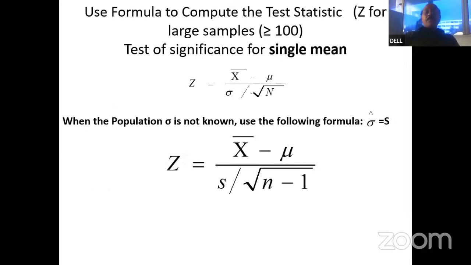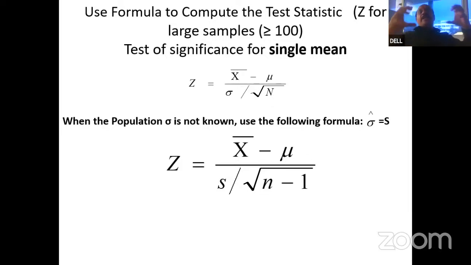See, in large samples, for test of significance for single mean, we have to use this test statistic: Z is equal to x bar minus mu by sigma by root n. X bar is the sample mean, mu is the population mean.